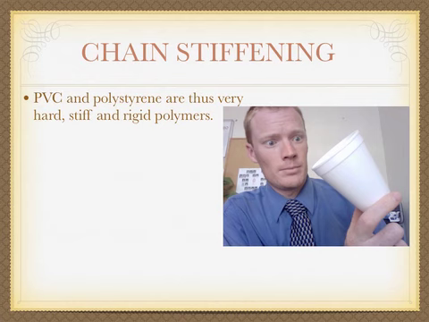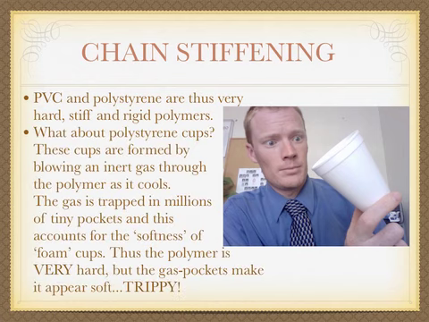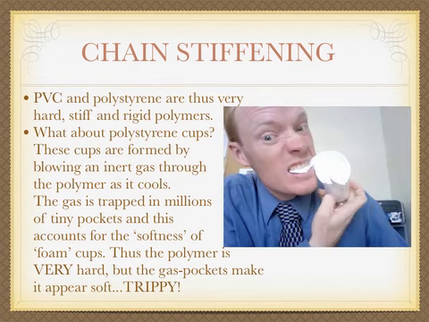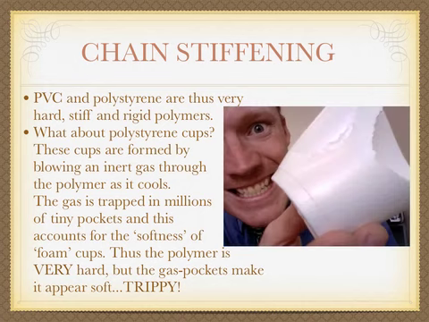Let's take, for example, polyvinyl chloride and polystyrene. These two polymers exhibit a very hard, stiff, rigid type of property. Now, you may be confused because we're used to associating polystyrene with packaging or styrofoam cups, and we all know that it's possible to bite into a polystyrene cup and leave your teeth marks indented within the polymer.